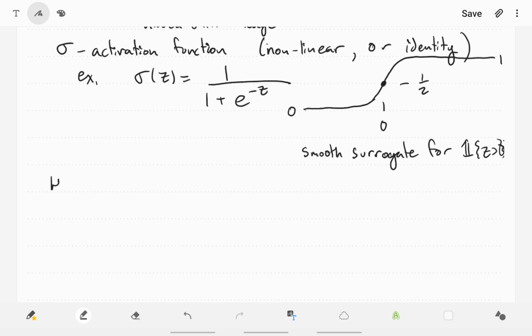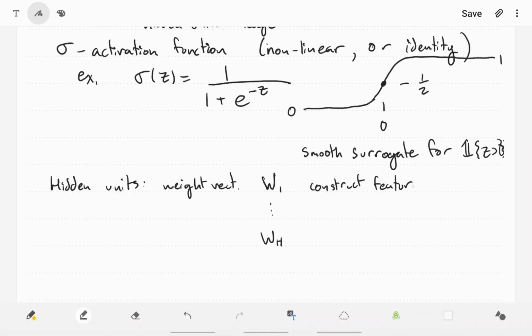The basic idea behind the hidden units is that we have weight vectors, capital W1 down to W capital H. These are used to construct a feature, which I'll call little h1, which is equal to the sigmoid applied to W1 transpose x, and then we'll add the intercept here, W1 naught.